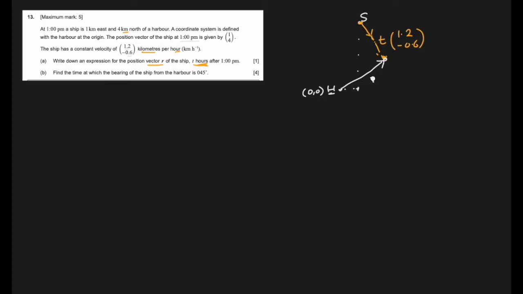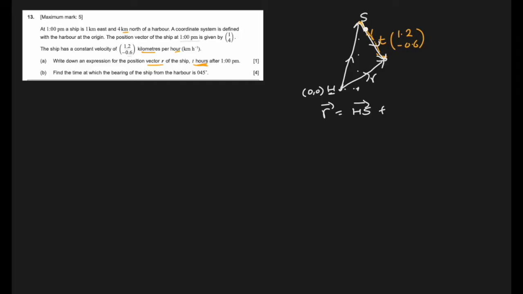This will be the vector r. To find this, we first write the vector up to s, so vector r will be hs plus the vector from here till here.